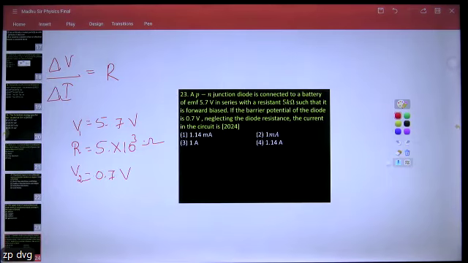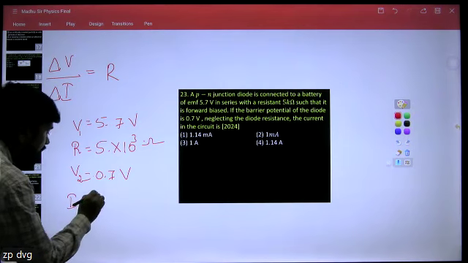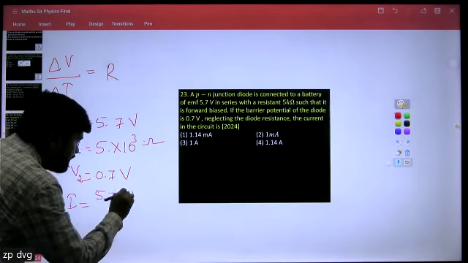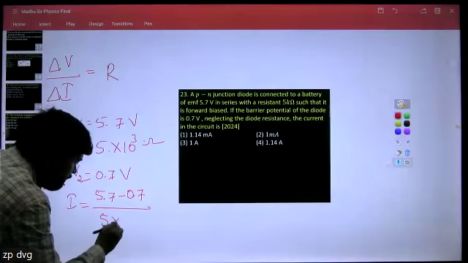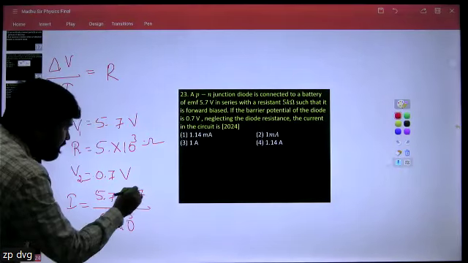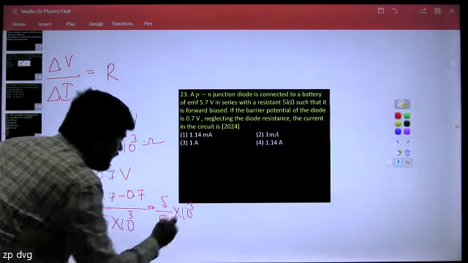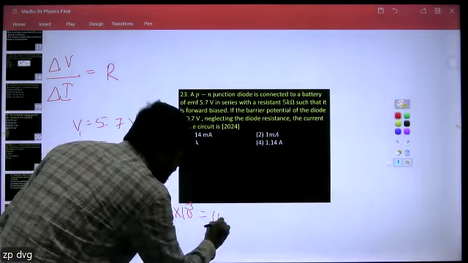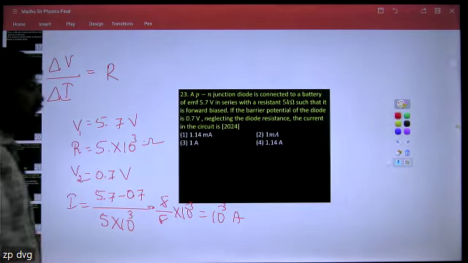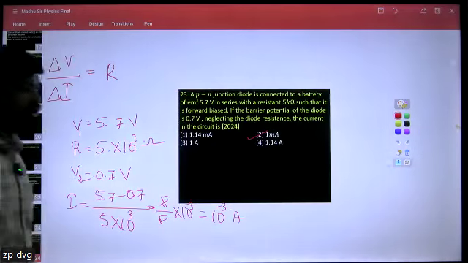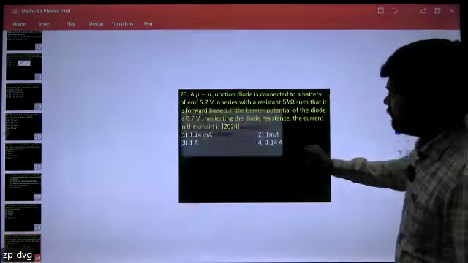They are asking to calculate I. Therefore, I is equal to 5.7 minus 0.7 all divided by 5 into 10 power plus 3. So 5 by 5 into 10 power 3, the 5 gets cancelled, giving 10 power minus 3 ampere. Minus 3 is nothing but milli. 1 milliampere. Option 2 is right.